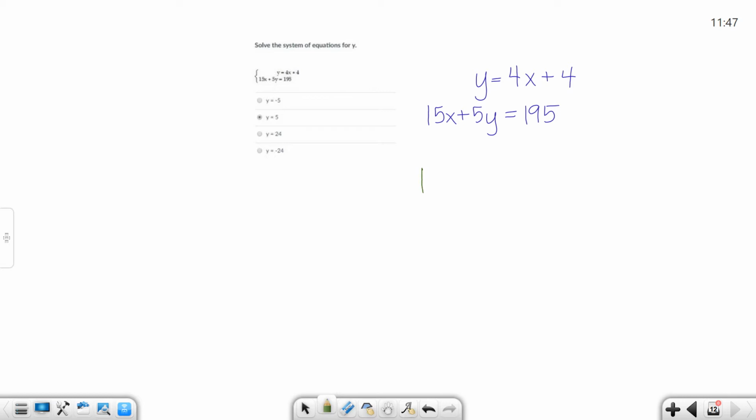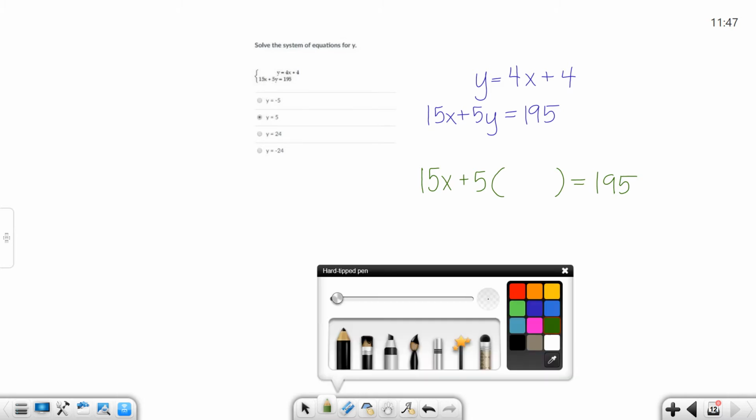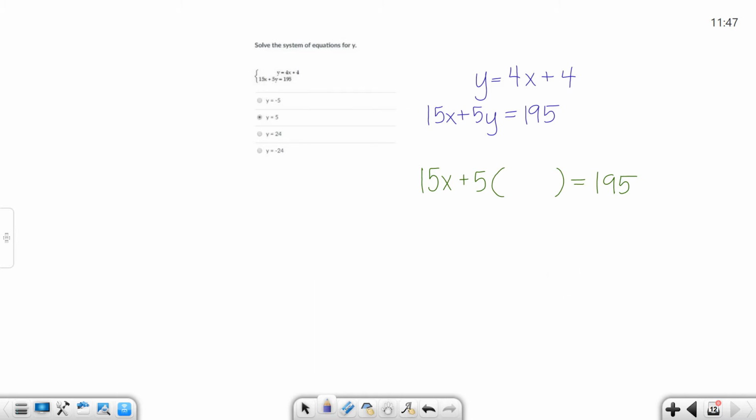If I take my second equation, 15x plus 5y equals 195. There's my second equation. I can plug in what y equals into the missing place. Y is 4x plus 4.